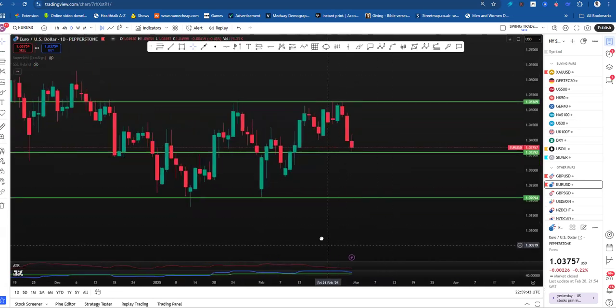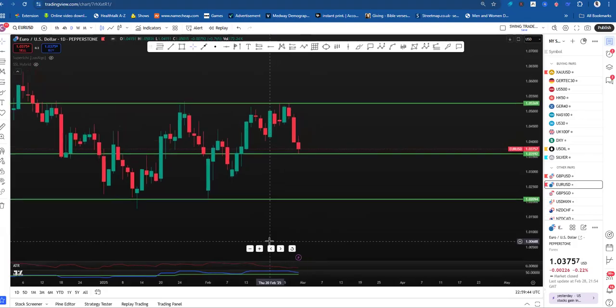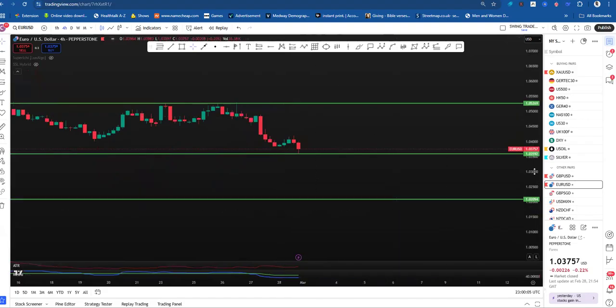You see how beautiful it appears on the daily. Now, on the daily, we want price to break below this. If price breaks below this, we're looking for more sells. And if price rejects out here and gives us a bullish price action, we're looking to buy because of the top liquidity here. So let's look at the 4 hour to see what price has given to us.